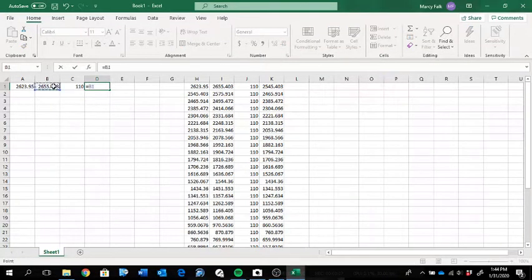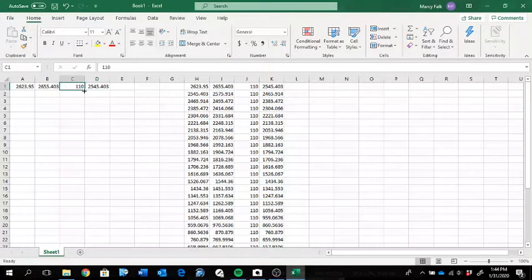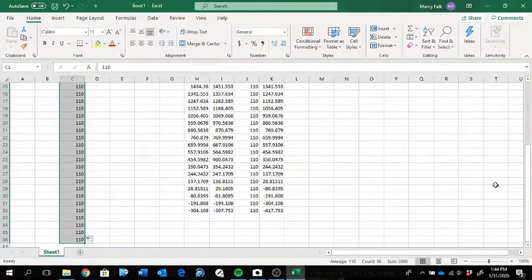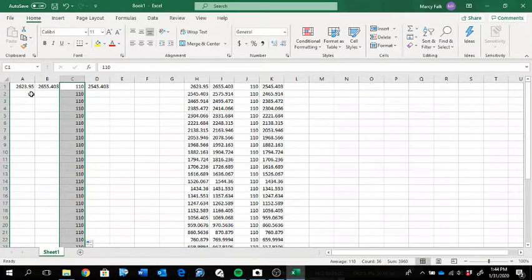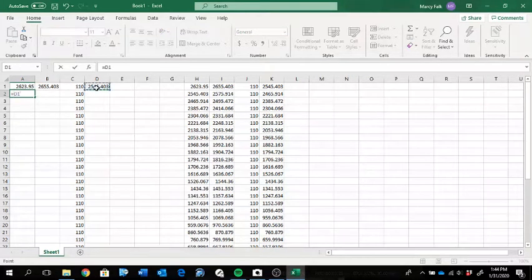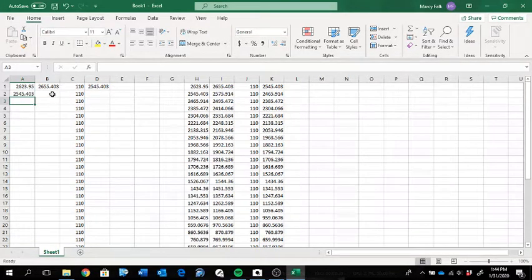So now equals this, subtract 110, enter. I'm going to just go down, down, down, and keep making payments of 110. In the next cell, equals the amount from the previous month, and I carry that formula down. So you get charged interest, it goes up, but then you make your 110 and it goes down.